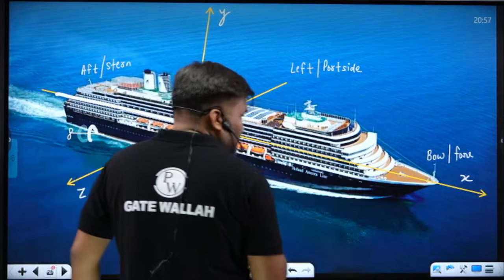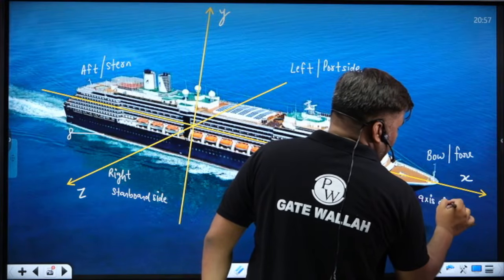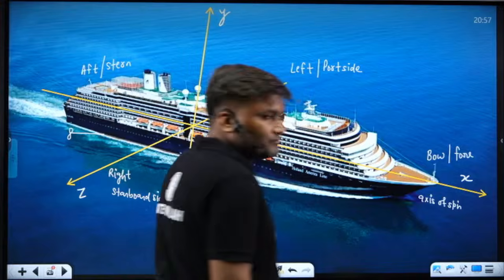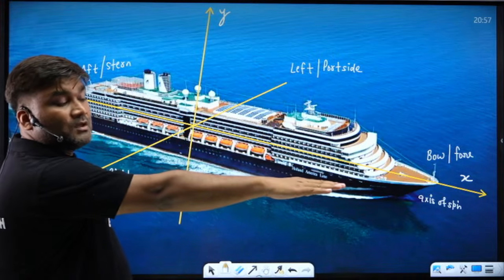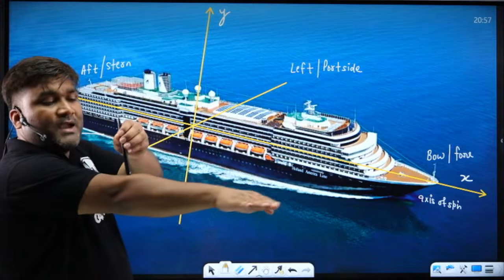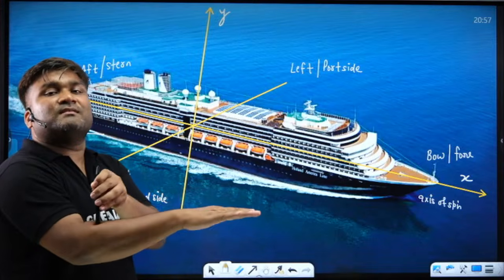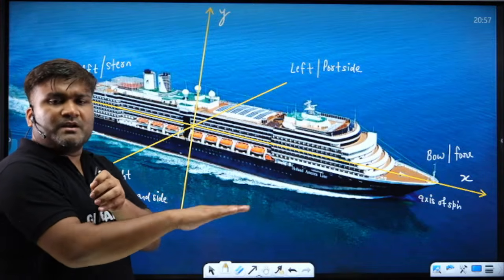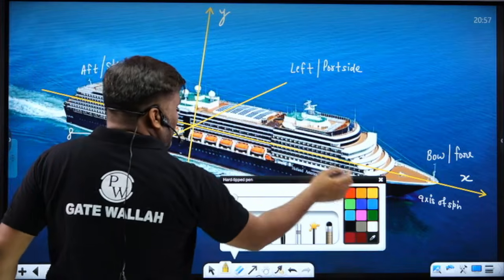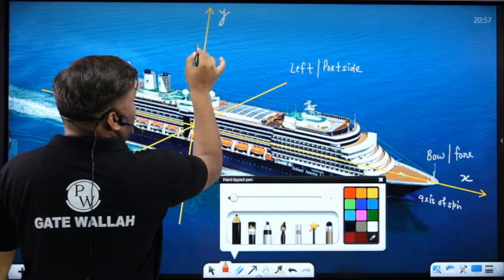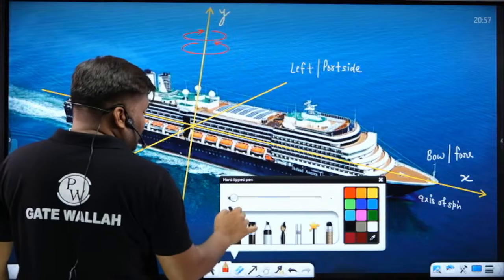Can I say this? x is your axis of spin. Now, if this axis of spin rotates about y-axis, while taking a turn, left turn or right turn, it will rotate about y-axis, and about y-axis rotation I will provide either left turn or right turn.